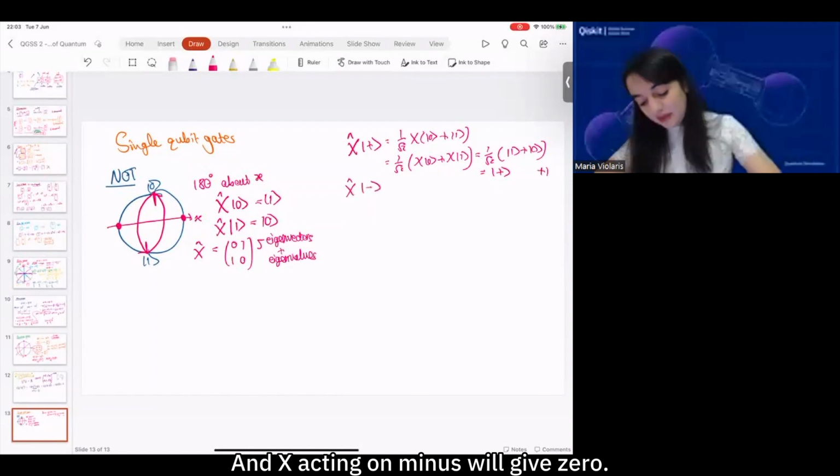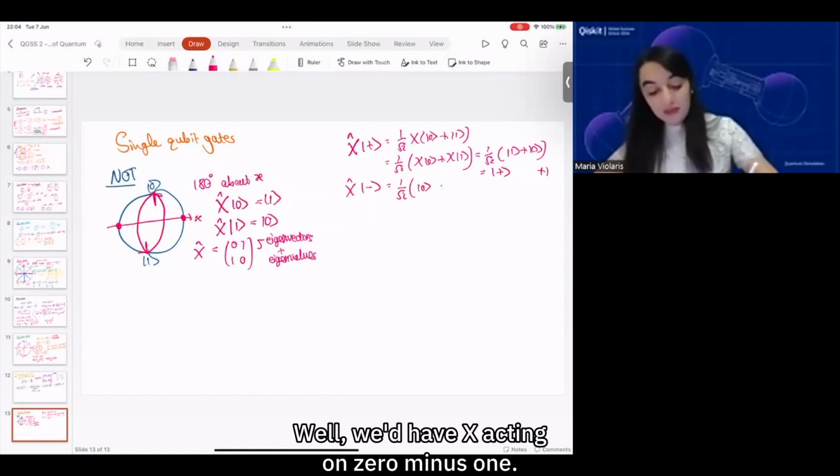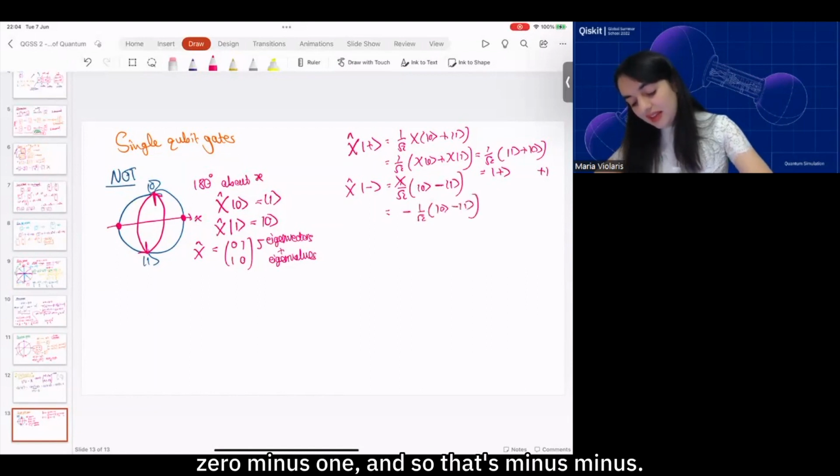And X acting on minus will give, well, we'd have X acting on 0 minus 1. So when we flip these, we get minus 1 over root 2, 0 minus 1. And so that's minus minus.